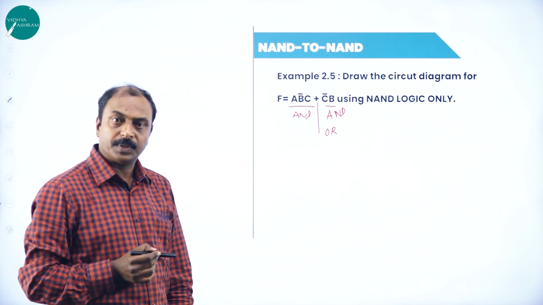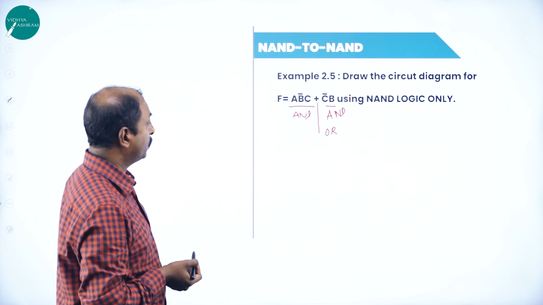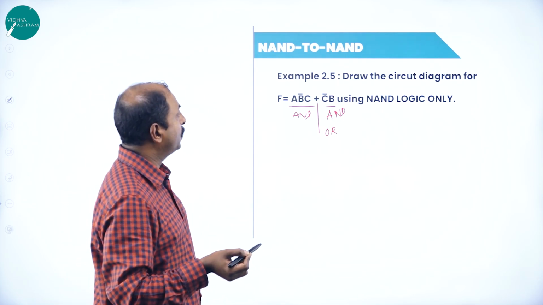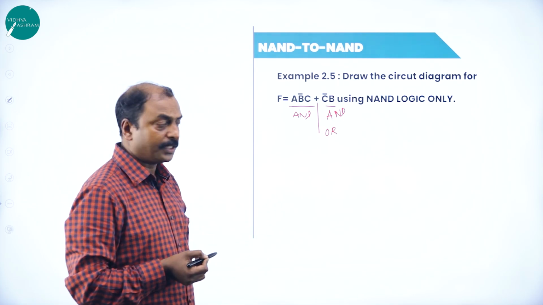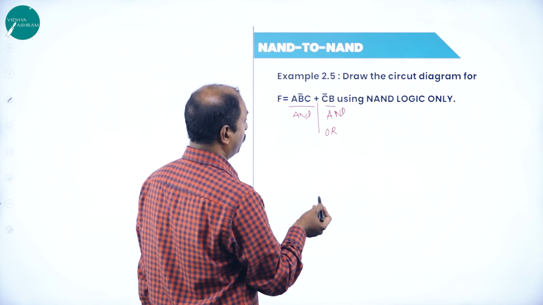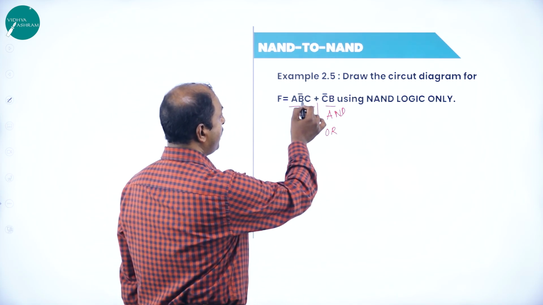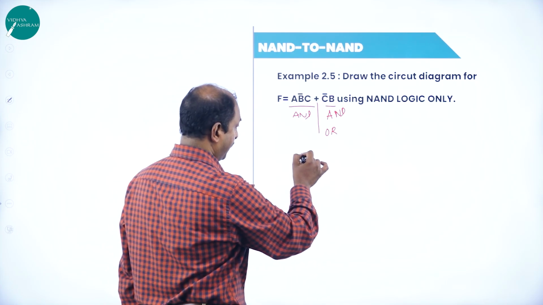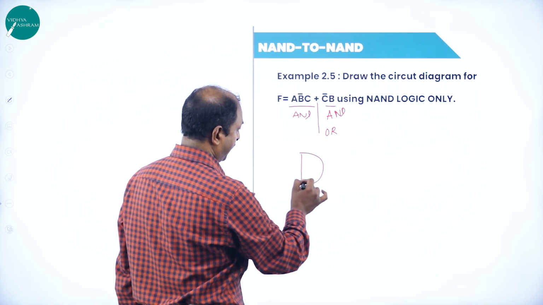This is step number 2. So we have to draw the basic circuit by using basic logic gates. Now let us try to draw the circuit diagram here. First A, B naught, C, AND gate.